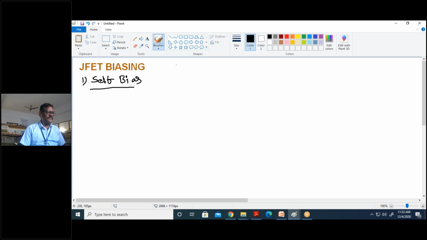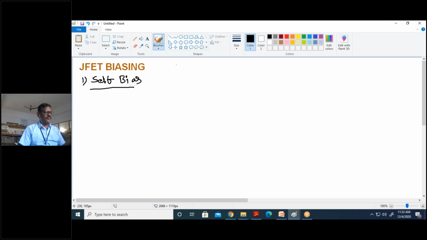In self bias circuit, gate source bias VGS is provided by the voltage drop across a resistor in series with the device source terminal. JFET must be operated with reverse gate to source bias.